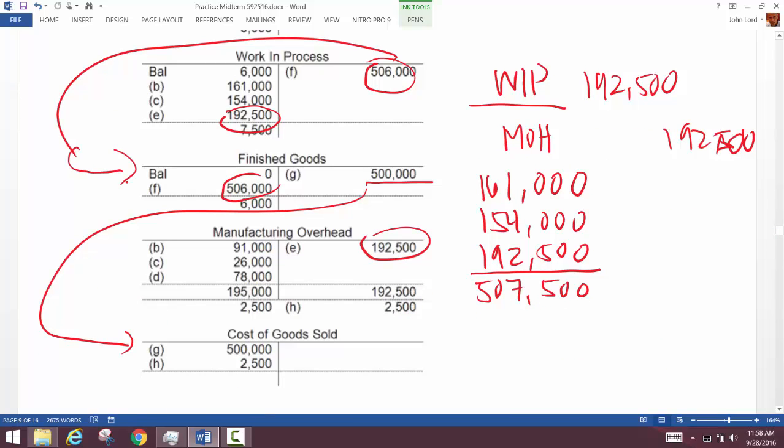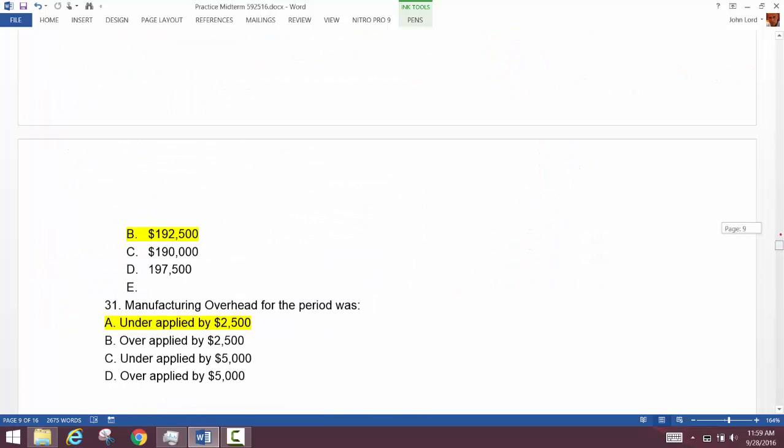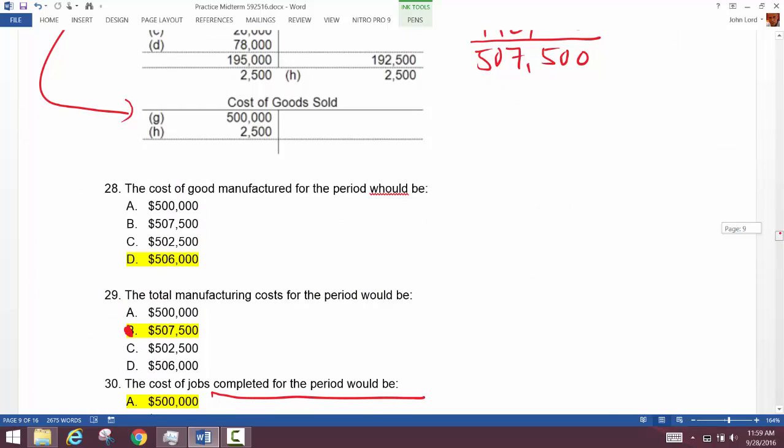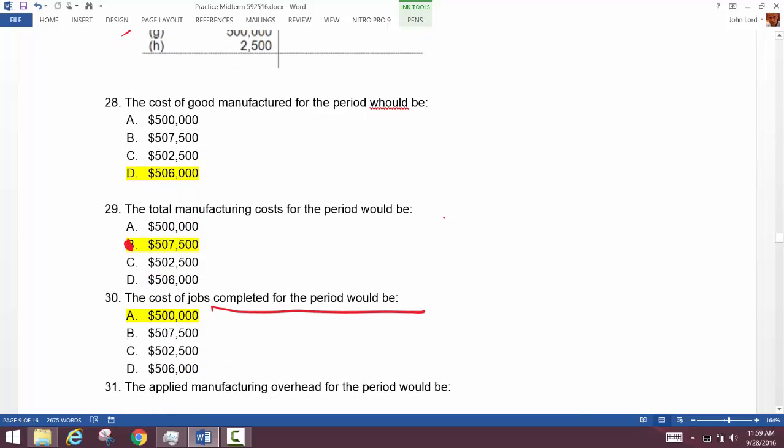That's what got finished for the period, the 506, right? So it's just another way of asking what is the cost of goods manufactured: what was the cost of the items finished for the period. When I looked at that problem, I thought it was asking me the cost of goods sold. If it asks the cost of goods finished for the period, the answer should be 506. So the real answer here is the 506, which is D, not A.